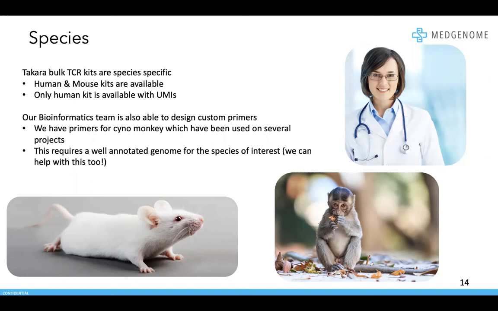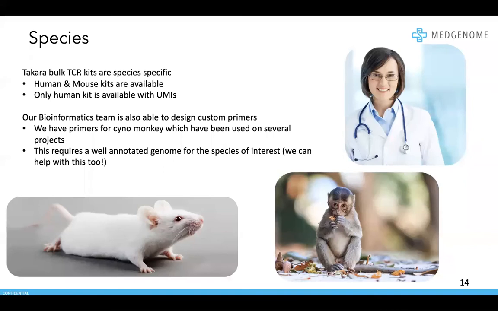But our bioinformatics team, specifically Kushal, has worked with a client in the past who was studying cynomolgus monkeys. And so Kushal designed these primers that we've used to amplify the TCR in cynomolgus monkeys.